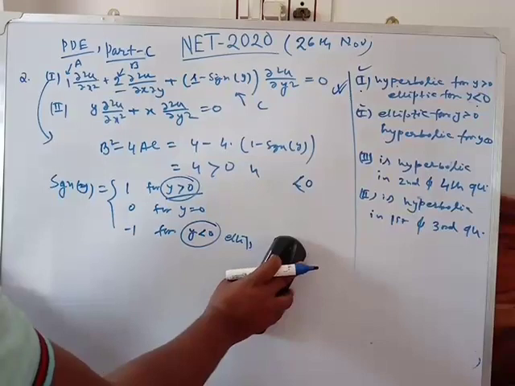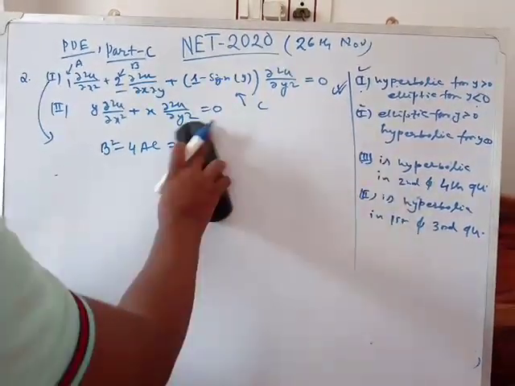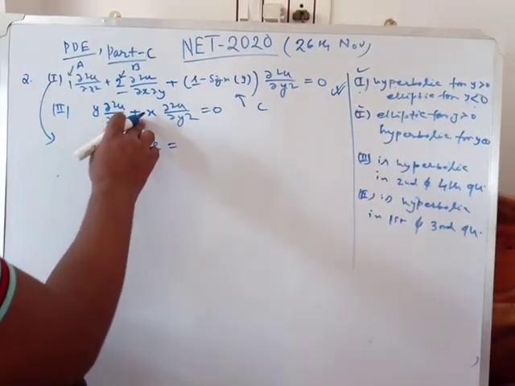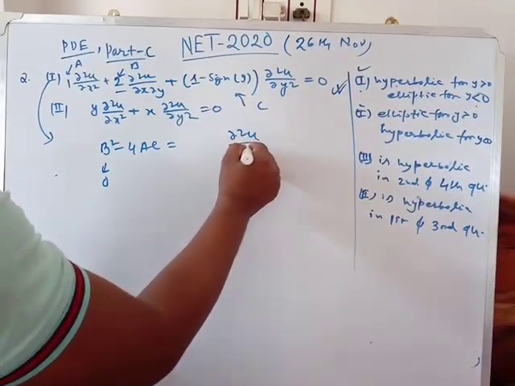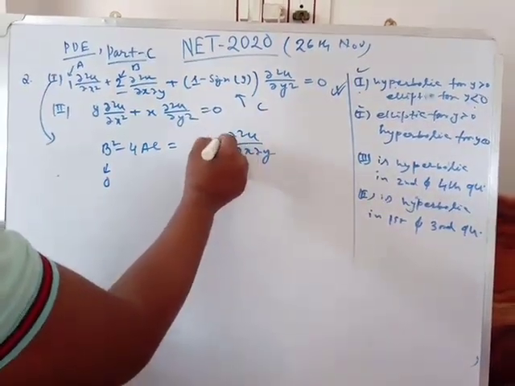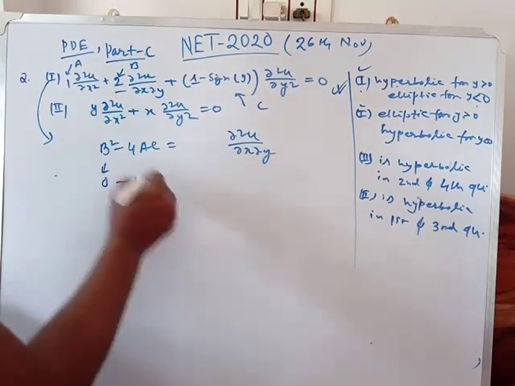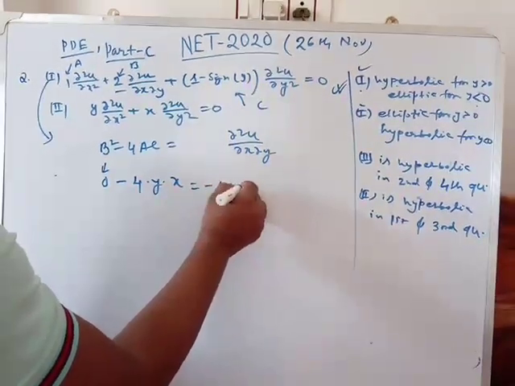And for the second differential equation, here b is 0, there is no term del 2u del x del y, so this coefficient is 0, and minus 4 into, here a is y and c is x, so minus 4xy.